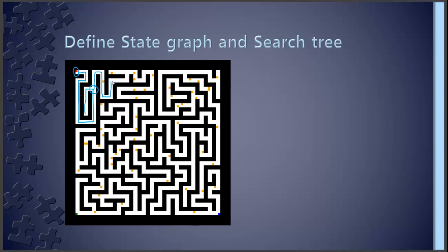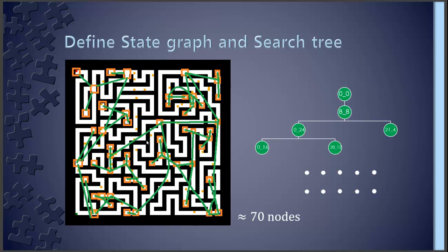So we mark every junction and block cell, and we connect them to make a state graph like this. As you can see, there are only 17 nodes in the state graph, and so in the search tree. So we reduced the problem.